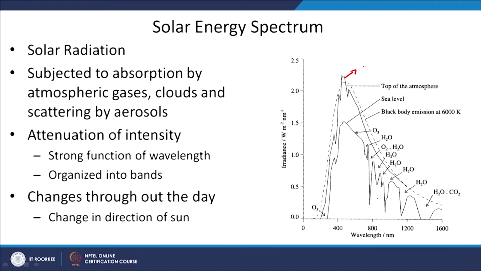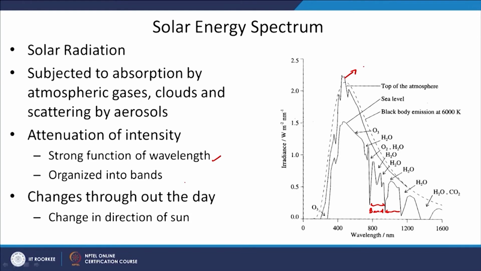Somewhere the intensity has decreased more, somewhere less, and we have what we call band formation. So, the energy of the sun is absorbed in different bands, and we have to take these bands into account if we want to know how much total energy from the sun we are receiving at the earth.